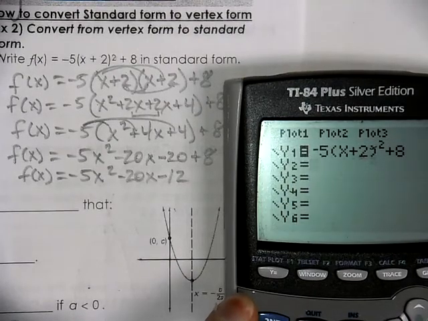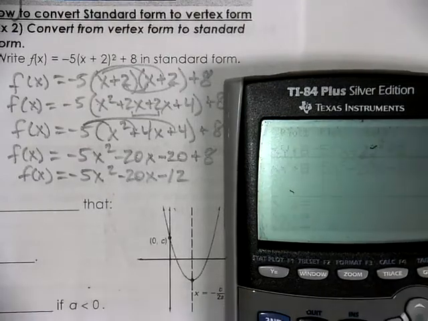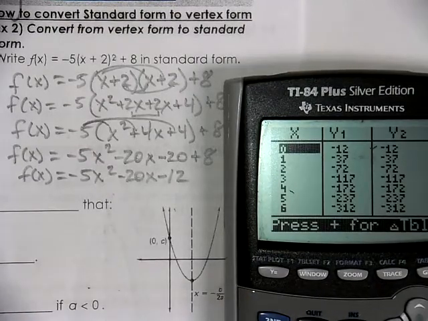And our other equation was negative 5x squared minus 20x minus 12, and when we look at the tables, we see that we get the same exact values in the tables. So that helps verify that, yes, these are exactly the same. There were no mistakes.